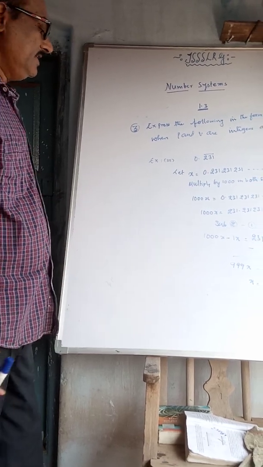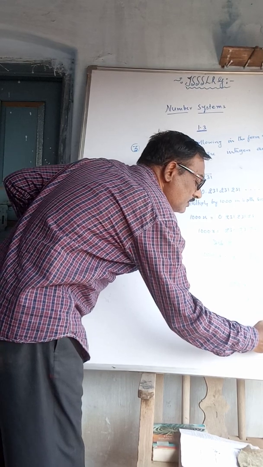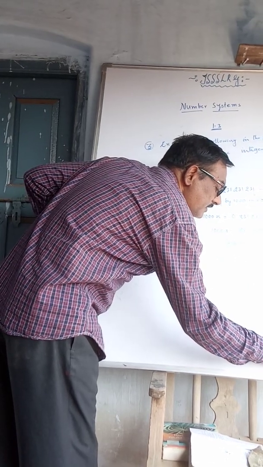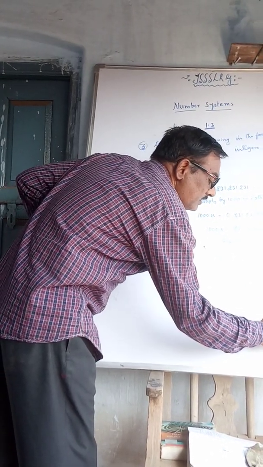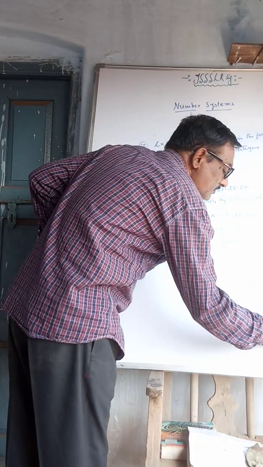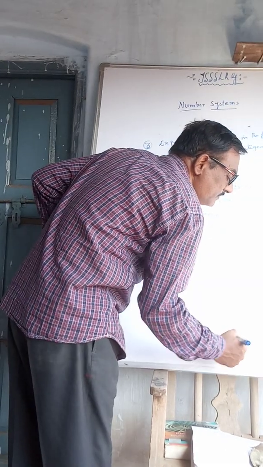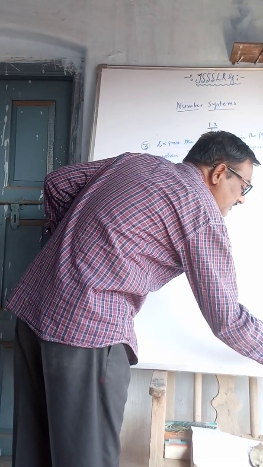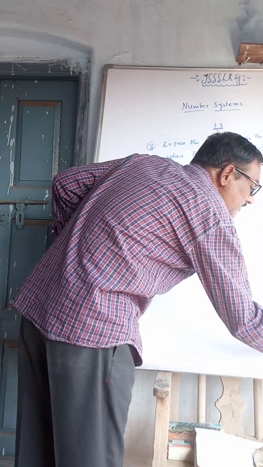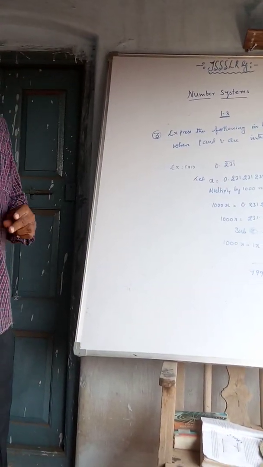We can simplify here also. 231 by 999: 3 sevens are 21, and 3 threes are 9, so we can write it as 77 by 333. This much is enough.